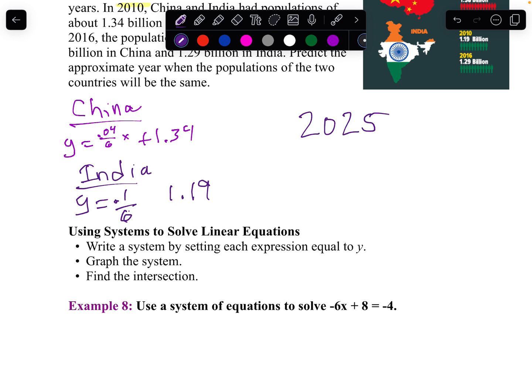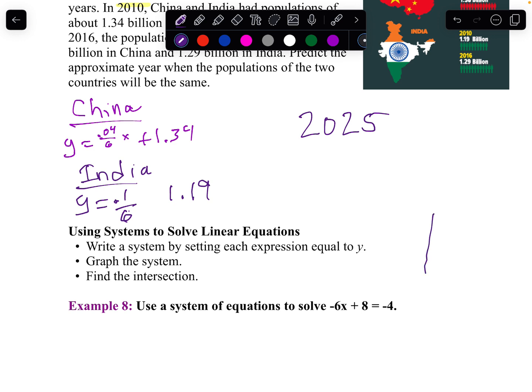Okay, now to solve an equation by making a system of linear equations, here's what we're going to do. I'm going to set each side equal to y, and then I'm going to graph it and look at my intersection.